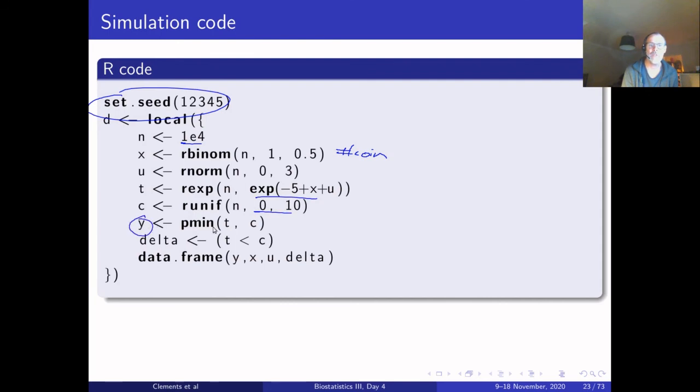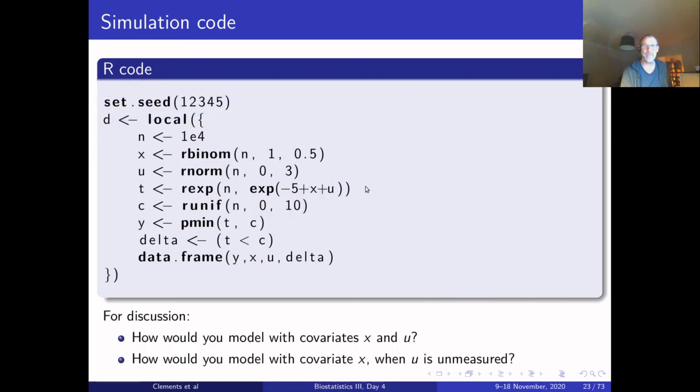And then the actual observed event times is the pairwise minimum of the t and c, and the delta is when t is less than c, and then we output a data frame with observed time y, covariate x, covariate u, and the event indicator delta. So that's how we simulate. And what we should be trying to do is get out a coefficient of 1 for x and a coefficient of 1 for u.